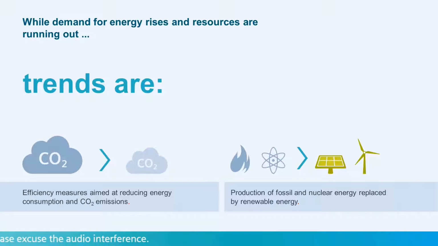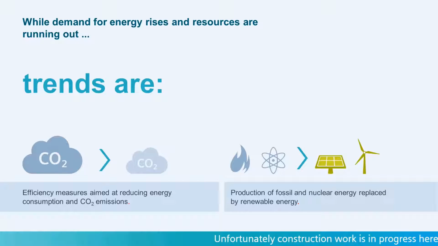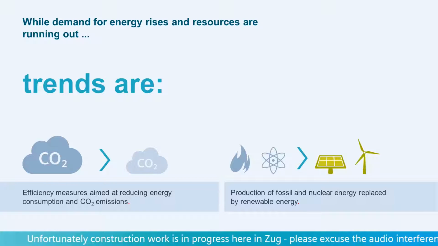For instance, that during weekends the heating is just lowered, so that we don't waste energy for nothing, and that the light is switched off after 10 o'clock in the evening when we can assume that nobody is in the building, and so on.